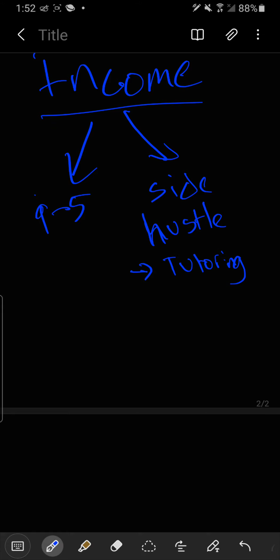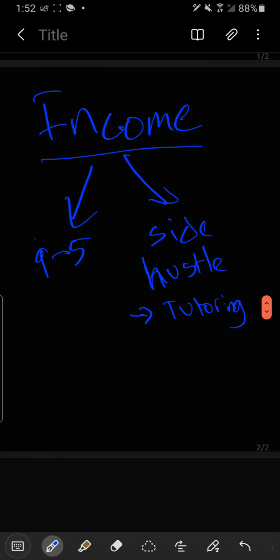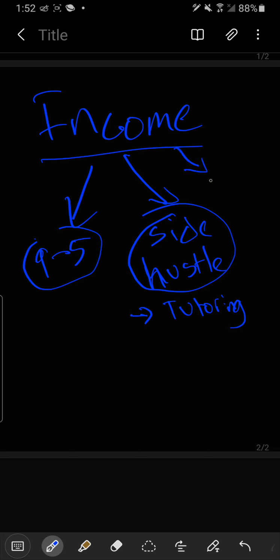But like I'm saying, if you're going to start investing, your first set of diversification comes in the form of your income, okay? Diversify your income. You want something to come from a 9 to 5, and you want some to come from a side hustle. Remember that. And in fact, if you can, have multiple side hustles.